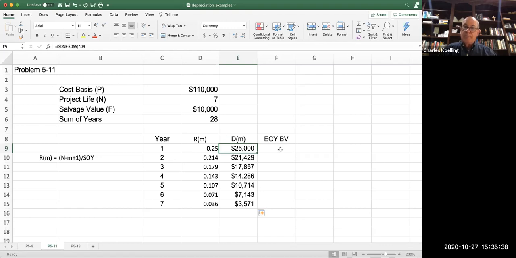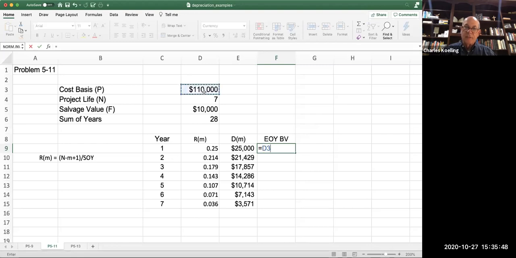Okay, book value at the end of the year, BV sub M, if you will. And we know that for year one, it's going to be the $110,000 minus the depreciation amount, 25,000. So our book value at the end of year one is $85,000, heading down to a salvage value of 10, right?